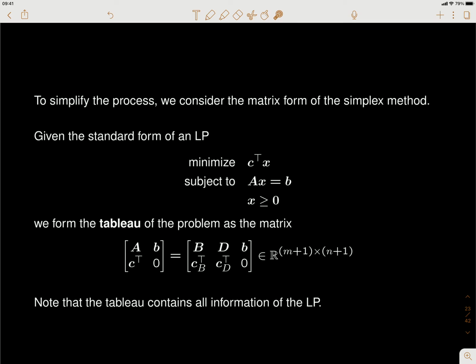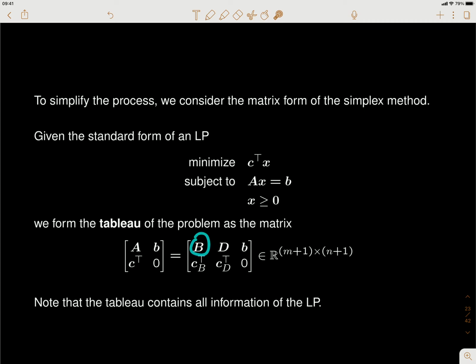Also recall that we can partition A into two groups. One group is the first m columns, we call it B, and we call the remaining columns D. We used to write B and Y, but right now I just say that the remaining columns of A will be called D here, and also we can separate this C vector into C_B and C_D just to decide which part is below which matrix.